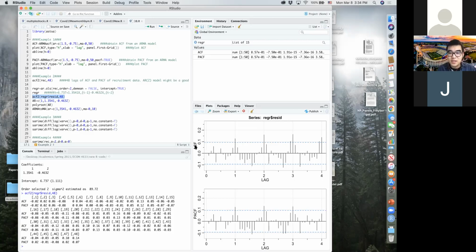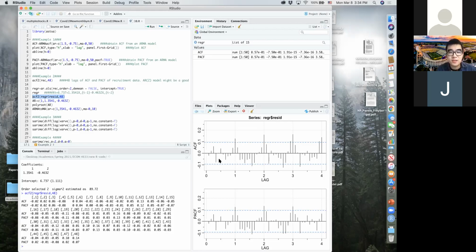The first is the ACF plot of the residuals, and the second plot is the PACF of the residuals. And you can see that most of the plots look good, most of them are within the confidence interval. However, we notice that at lag 1, lag 2, lag 3, and also lag 4, both ACF and PACF are outside the confidence interval.